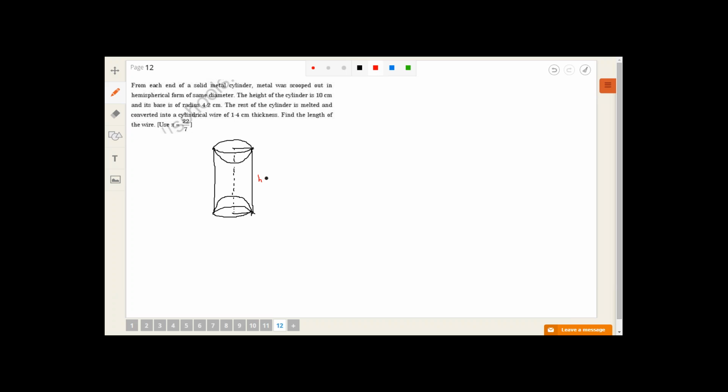So height of the cylinder is given as 10 centimeter and the radius is given as 4.2 centimeter.